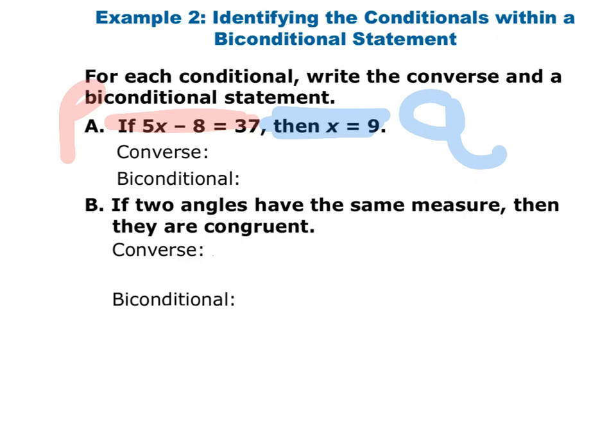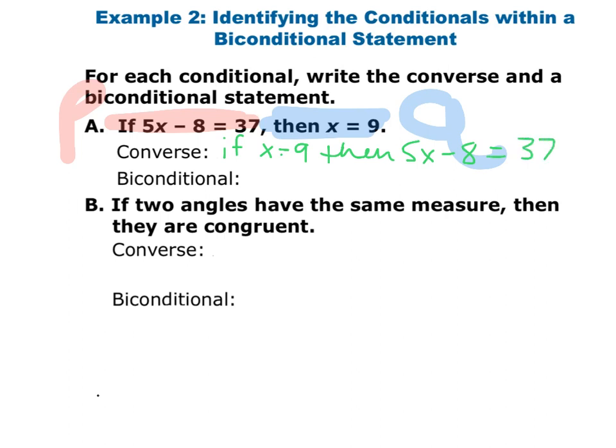So our converse would be flipped, so we'd write if Q, then P. So the converse would be if x is equal to 9, then 5x minus 8 is equal to 37.